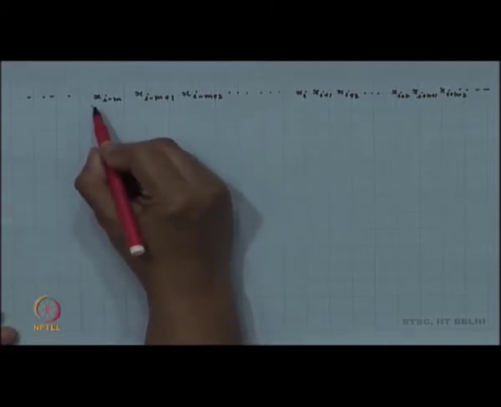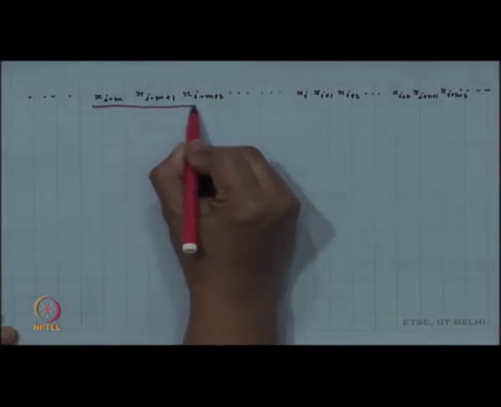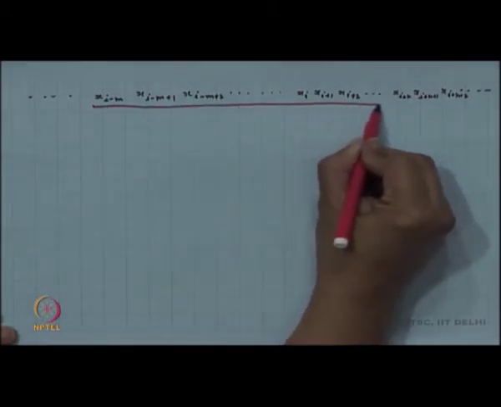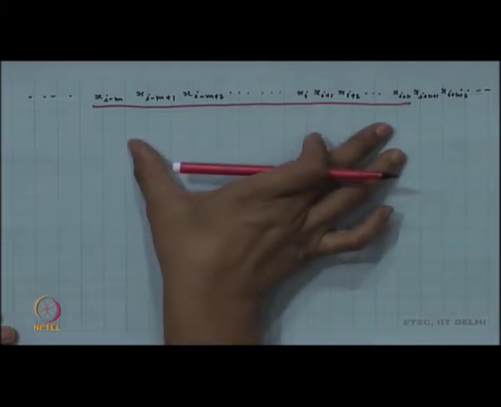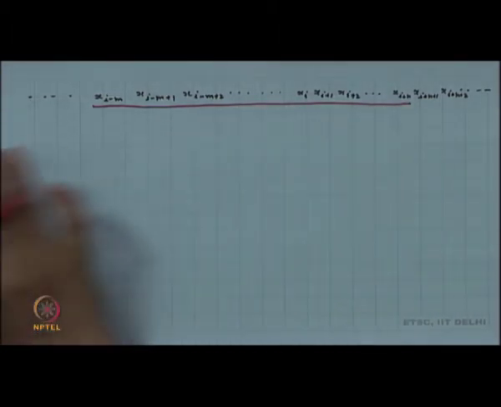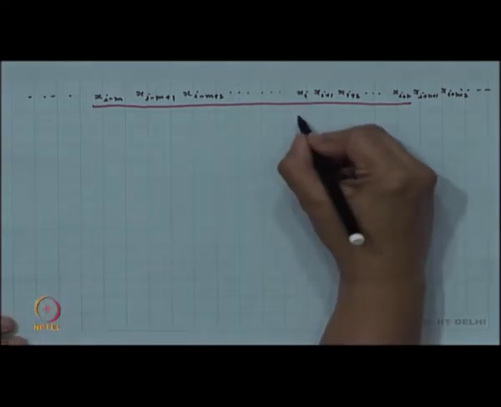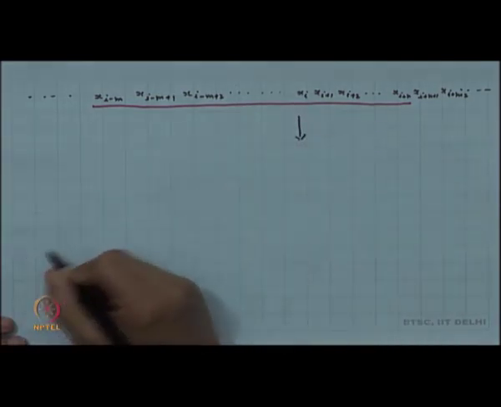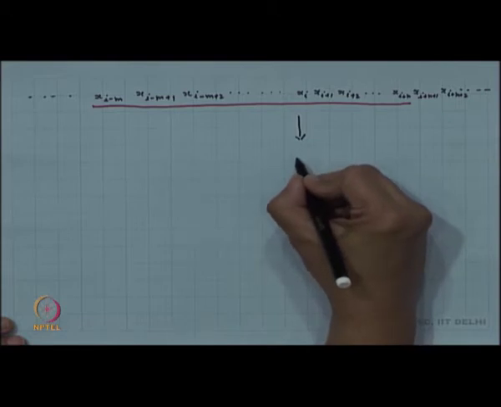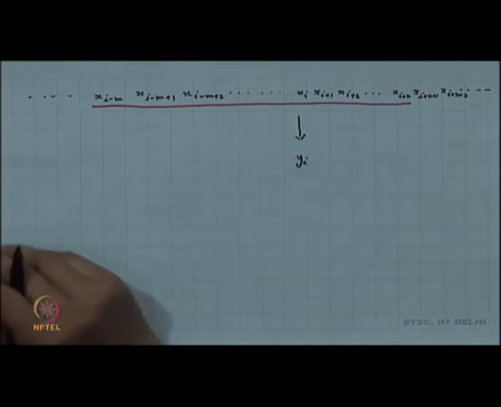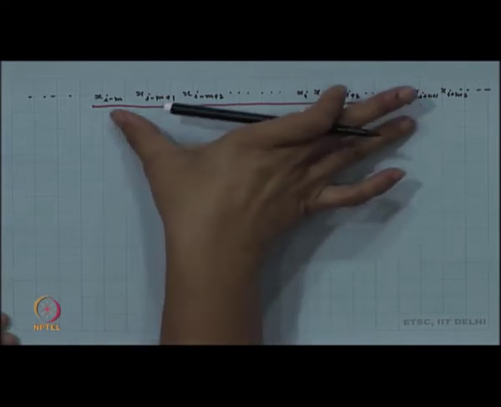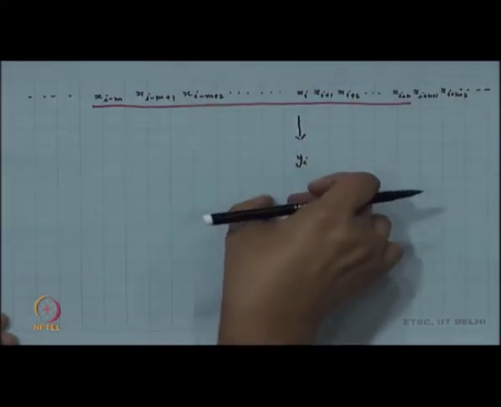So this is basically my sequence x. Now, what our block map is doing is that it first of all reads the block x_(i minus m) to x_(i plus n), and then depending on this particular block, it gives me a value, which we call y_i.